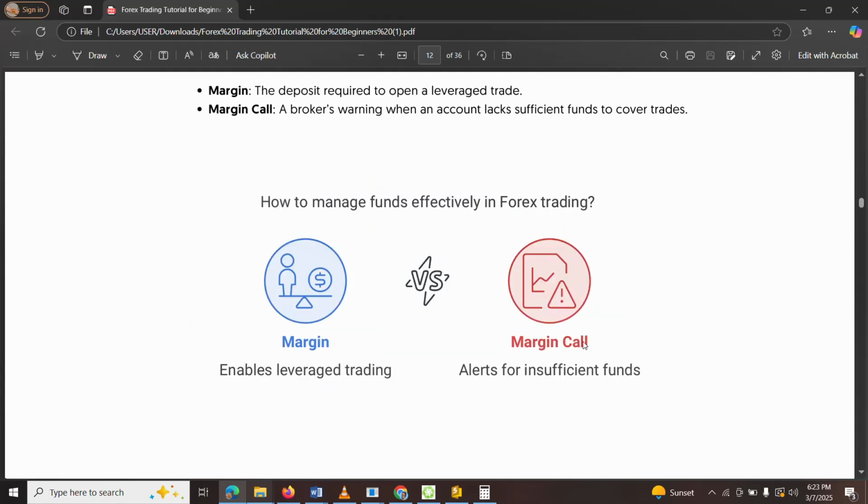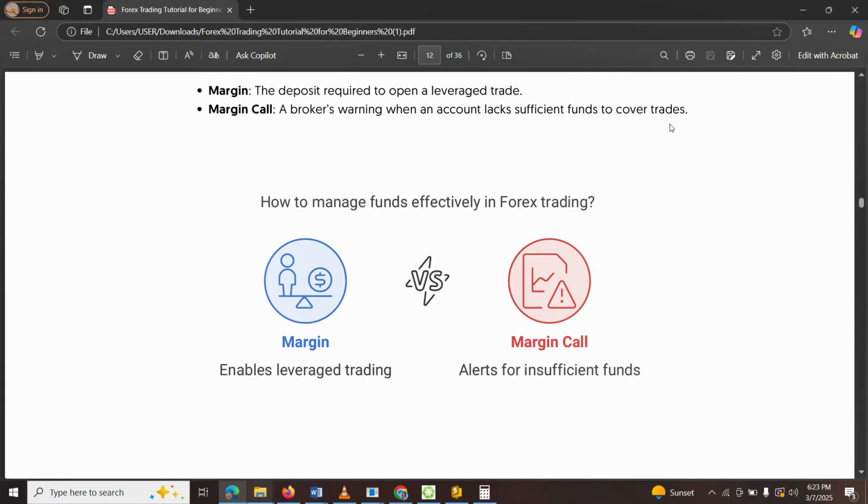Then we go to more explanation on what a margin is. This is the deposit required to open a leveraged trade. Then we have the margin call, a broker's warning when an account lacks sufficient funds to cover a trade.